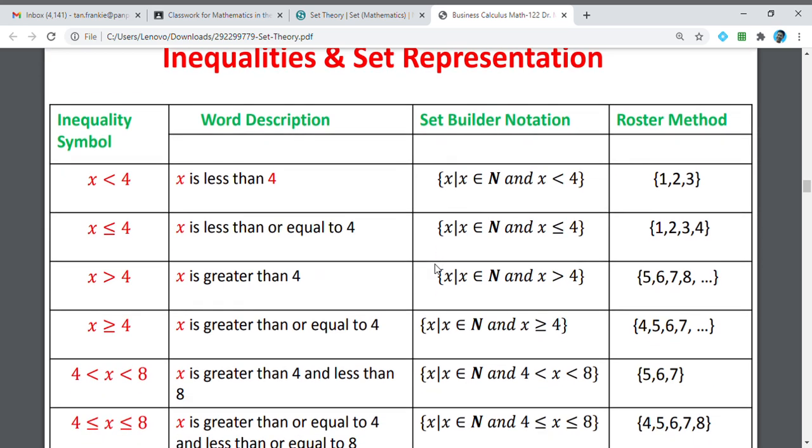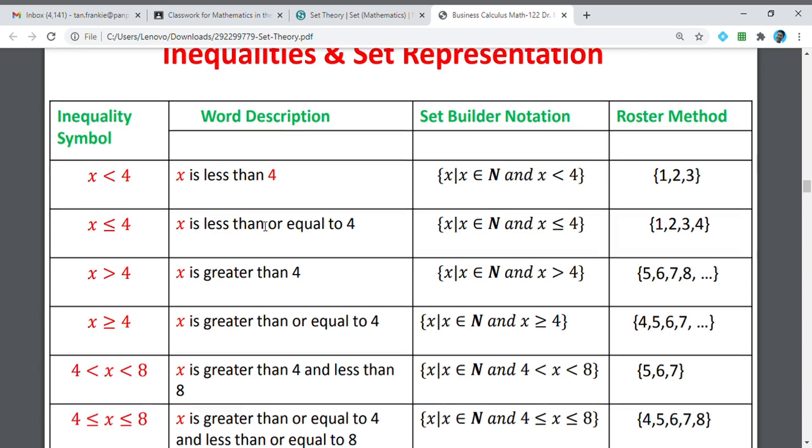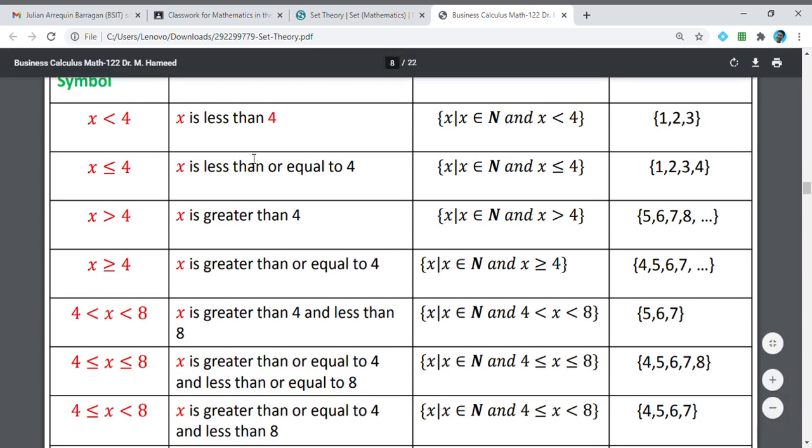Let's have now inequalities and set representation. Always remember that there are different methods in describing a set: we have word description, set builder notation, and the roster method. For example, here we have the inequality symbol.